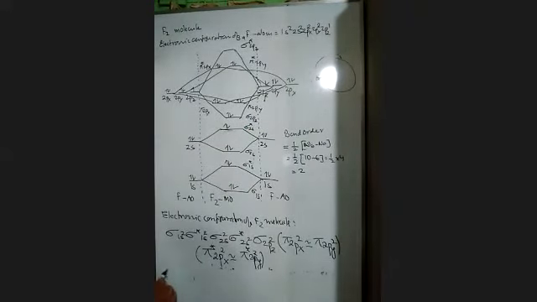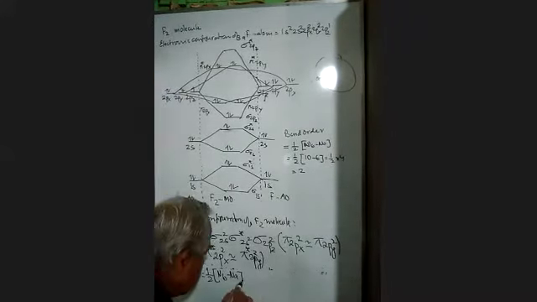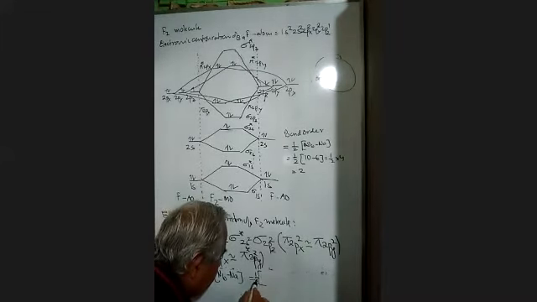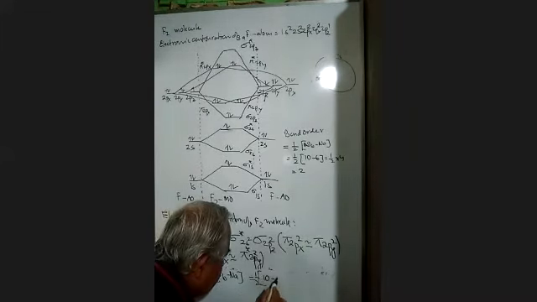For fluorine, I'm writing bond order. Half Nb minus Na. So this half 10 minus 8.